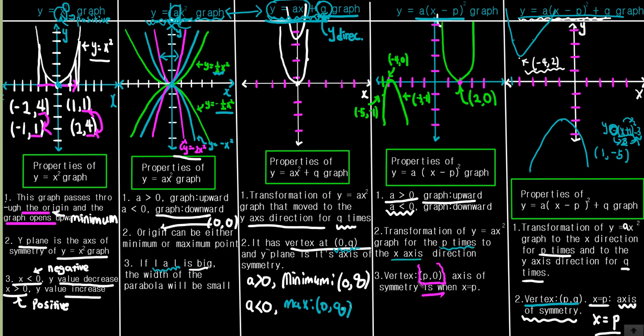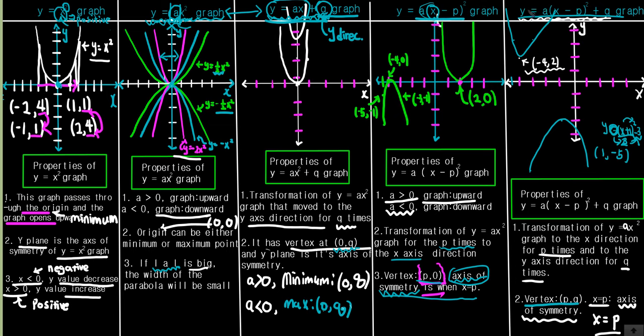And it will have a vertex at (p, 0), and its axis of symmetry is x equals p. And in order to find the axis of symmetry, we also need to remember that it is the x value that makes this whole expression turn into 0.